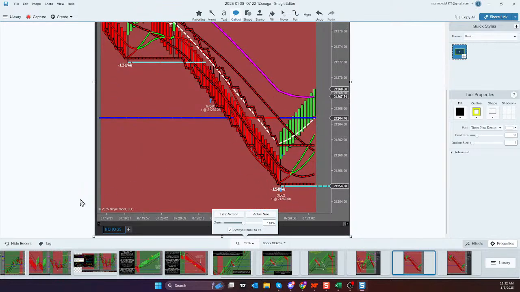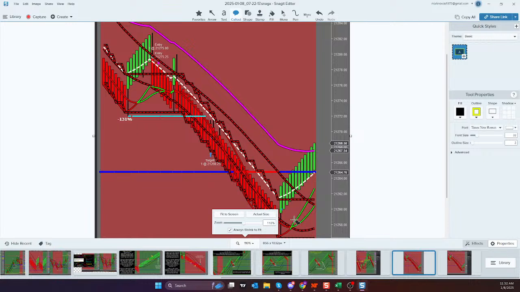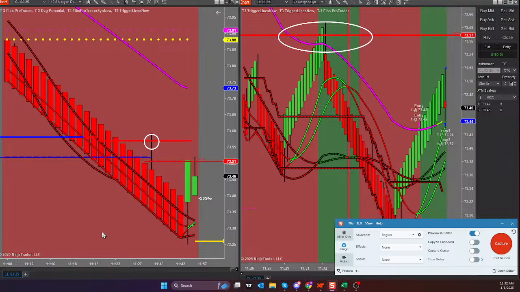That was my only trade. That was $450 in about 3 minutes. I did absolutely nothing before that. I did absolutely nothing after that until class started at 8 a.m. Central.